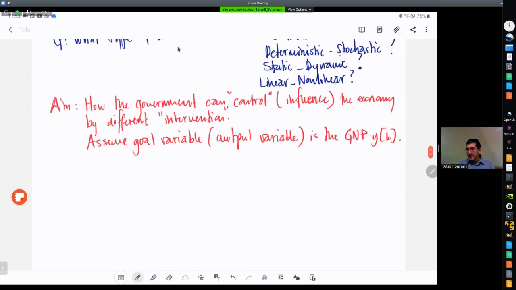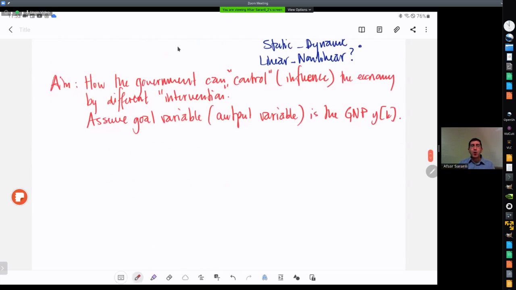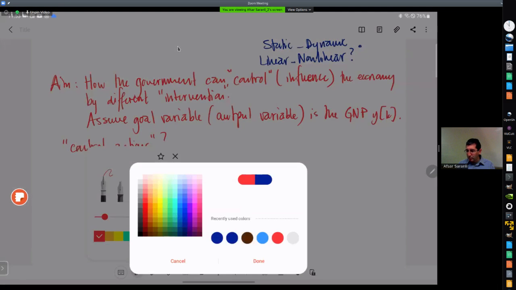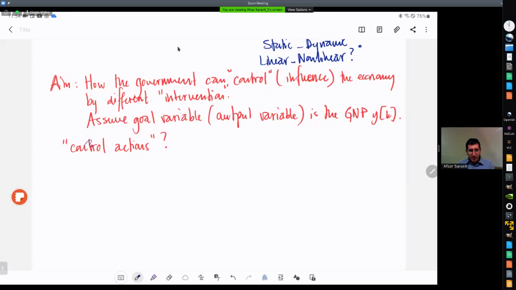So what can the government do? What are the control actions? Let me give you some examples. For example, the government can influence C of k, the consumption, via taxes.